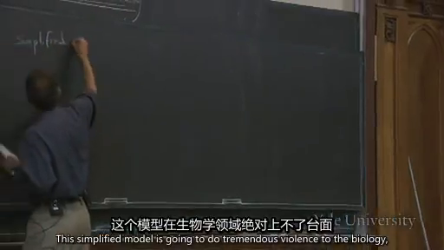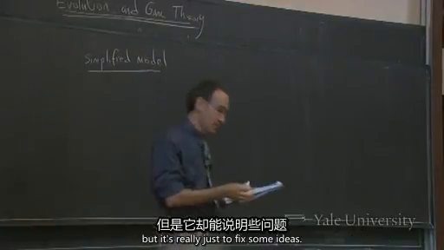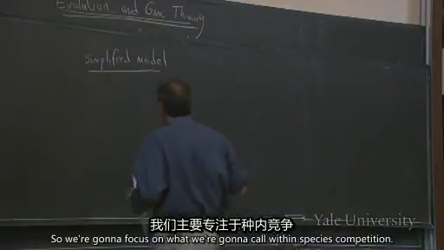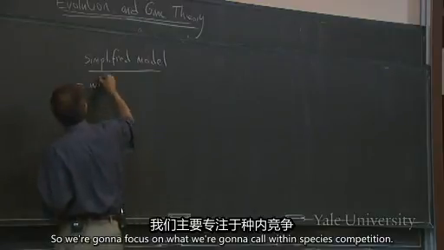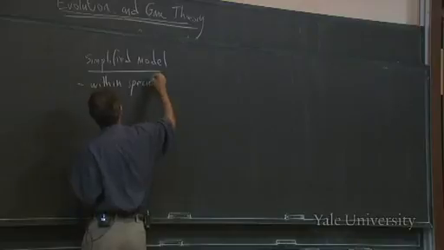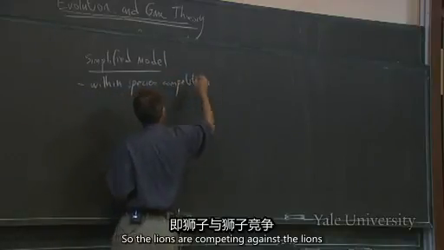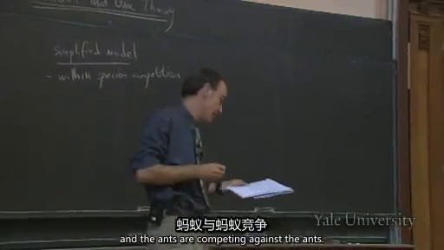It's going to do tremendous violence to the biology, but it's really just to fix some ideas, okay? So we're going to focus on what we're going to call within species competition. So the lions are competing against the lions, and the ants are competing against the ants.